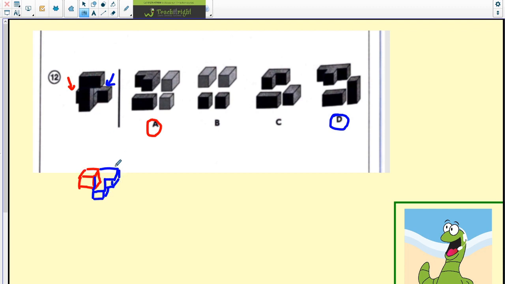Together, it made that shape, but because there was a shape in the way in front, we couldn't see the dividing line. You could make the argument that A is a shape, because if you count the number of cubes, this has 1, 2, 3, 4, 5, 6, 7, 8, and this is 1, 2, 3, 4, 5, 6, 7, 8. So I think this, again, is a bit of an inaccuracy on the book's part, because technically you could get away with creating shape 8 from these pieces here.